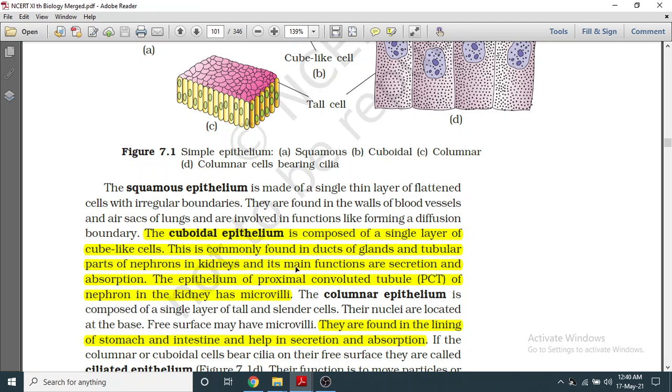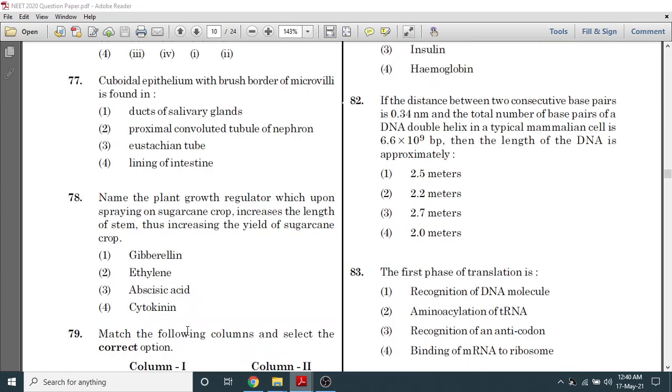Its main functions are secretion and absorption. The epithelium of proximal convoluted tubule of nephron of the kidney also has microvilli. So it is clear that this will be the correct answer.